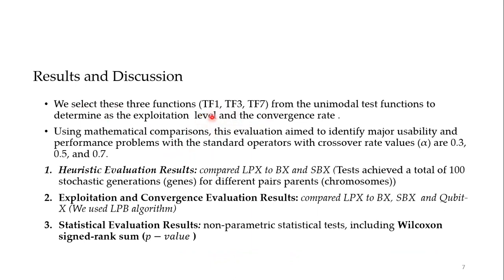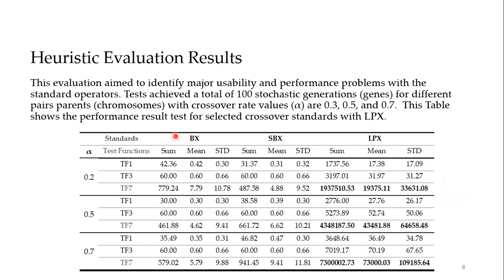Imagine test function 1, test function 3, and test function 7, and we went for 100 stochastic generation genes, and then compared LPX to BX, SPX and QubitX. We also ran some statistical analysis, and we found our results are promising.